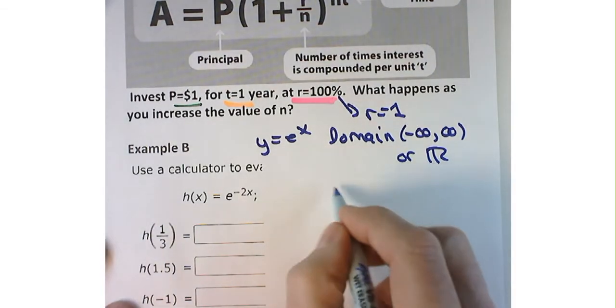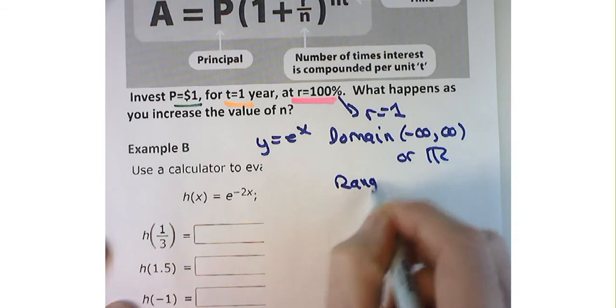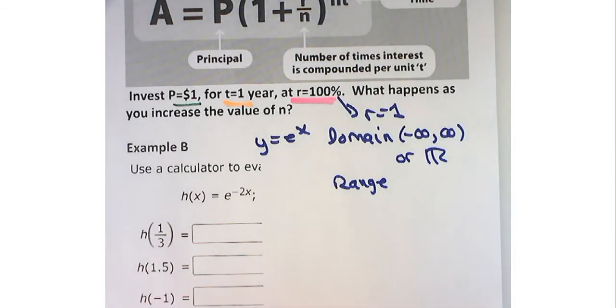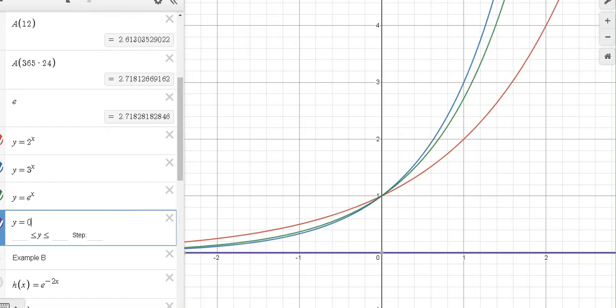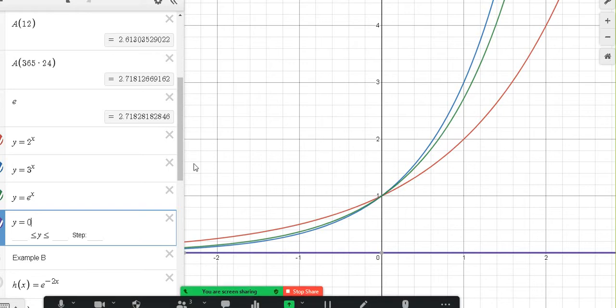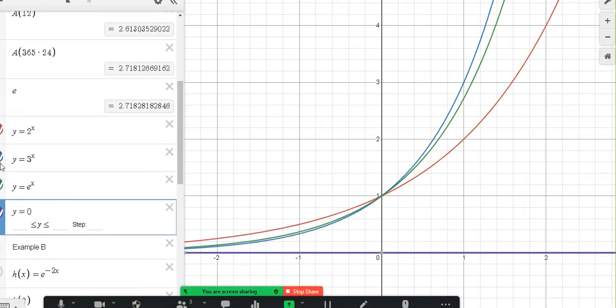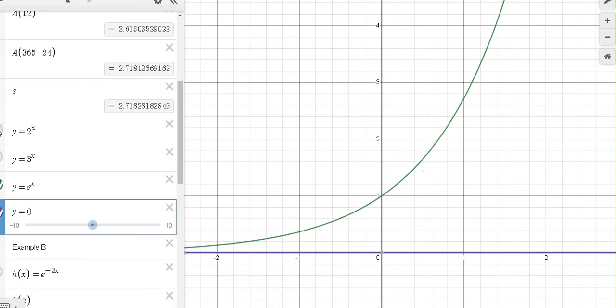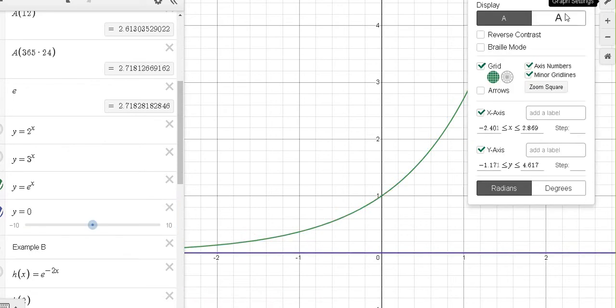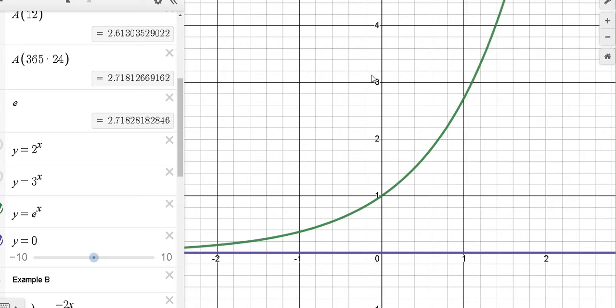And how about the range? The range, we're going to have to look at that one a little bit closer. So let's see here. Let me shut off this one and this one, and let's make this graph a little bit darker. There we go.